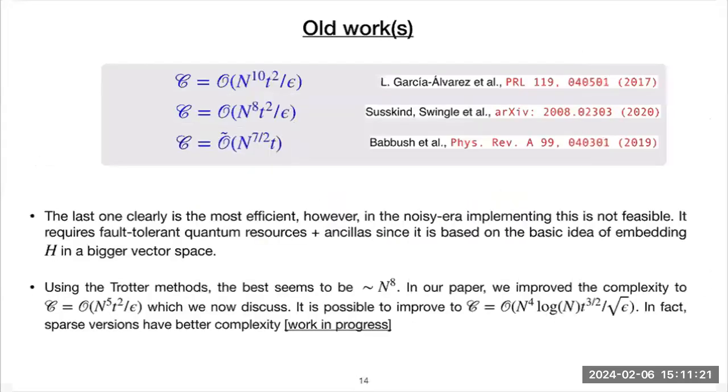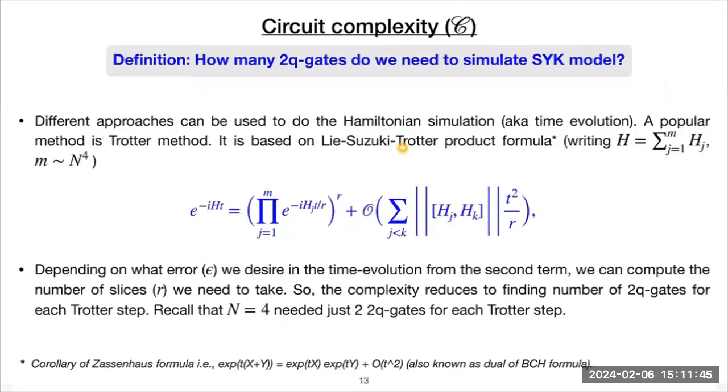Okay. So there are a lot of older works. People have explored this problem right after the SYK model was proposed in 2015. There was a paper by Garcia-Alvarez in 2017. There's a paper by Susskind and Swingle in 2020. There's another paper by Babbush et al. in 2019. They use different methods. The first two use the Trotter method, which is this.